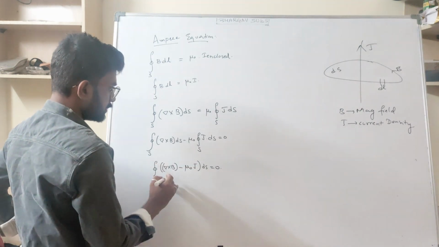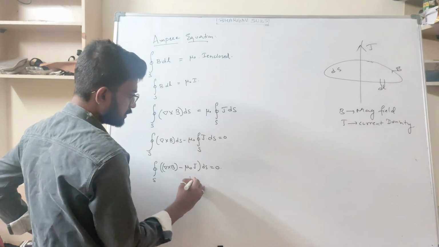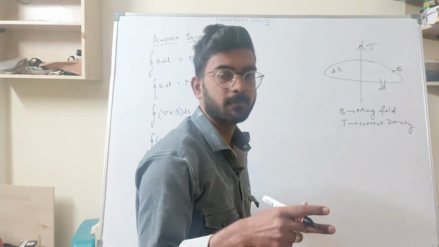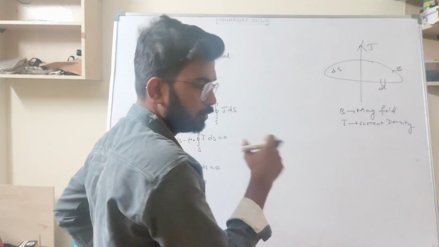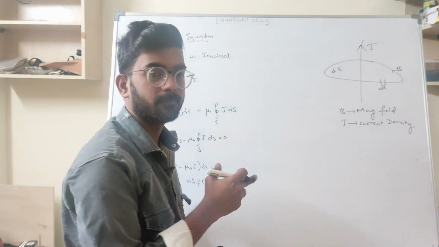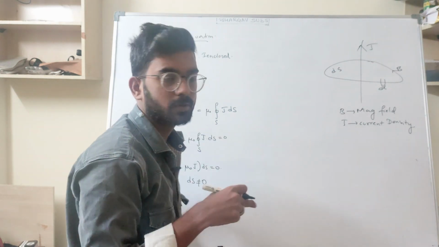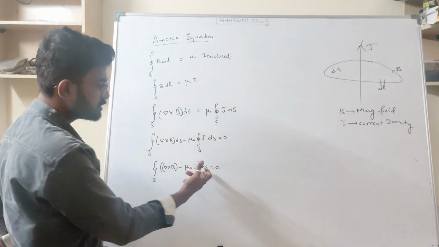Here ds is not equal to 0, because we are considering some area. If you consider a loop, it will have some surface area. It is not a point, so it must have some surface.